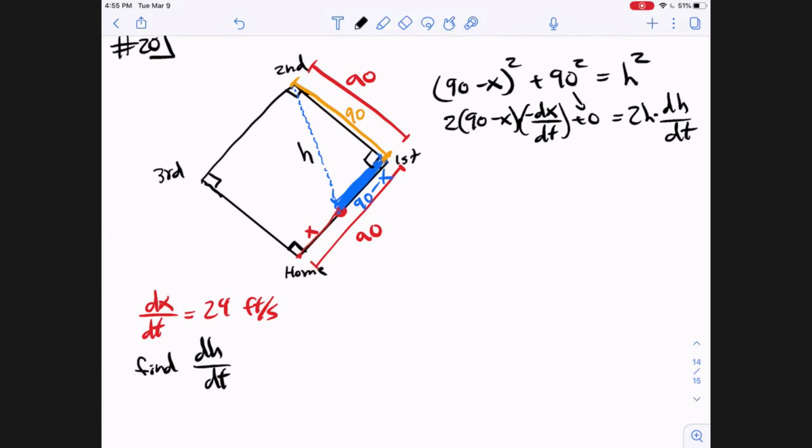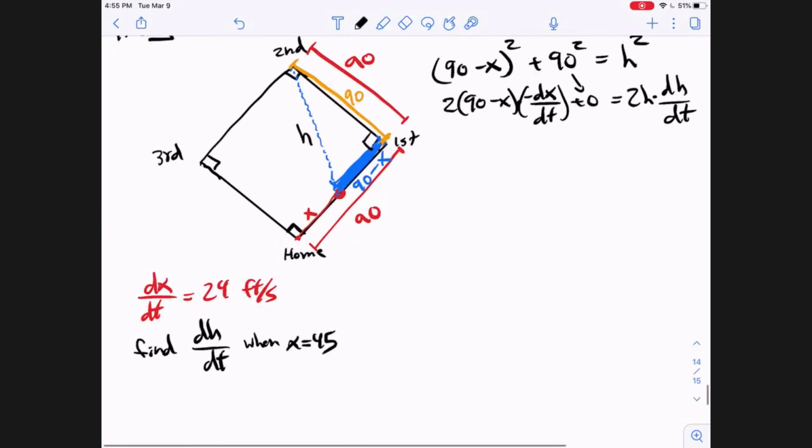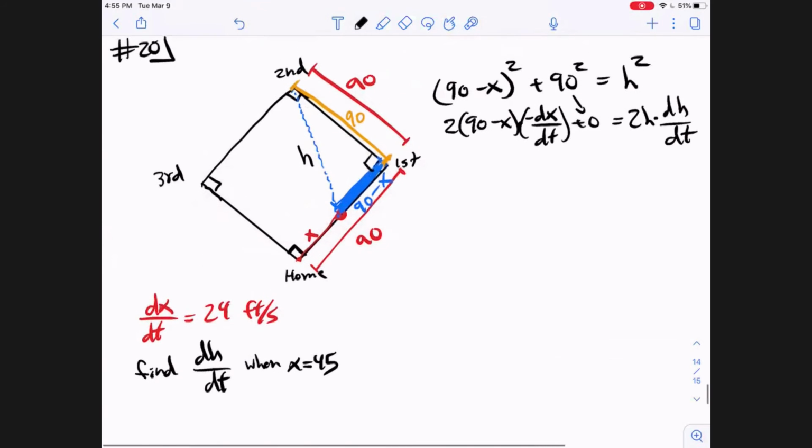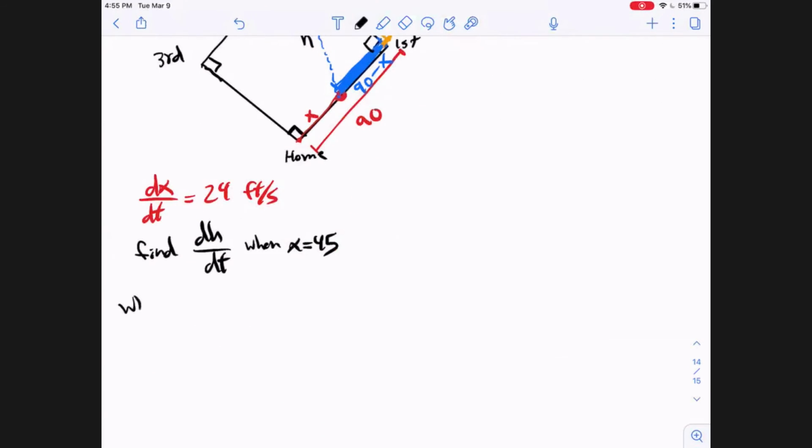So find dh dt when x equals 45. Why x equals 45? Because they said when the runner is halfway to first base, so that means x equals 45. I still need to know what h is, though. When x equals 45, you got 45 squared plus 90 squared equals h squared.